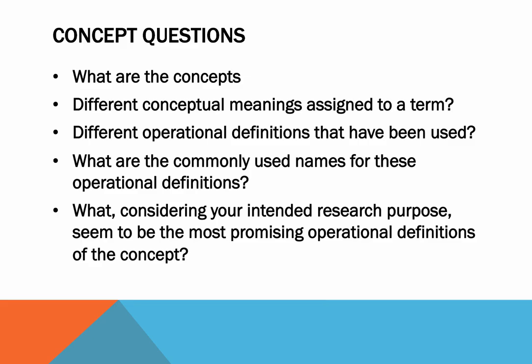And then you'll find that there's often different labels for concepts that are similar in meaning, and I'll get into that a little bit. And then you just have to select which is the most promising label for your research and what is the most promising measure. So sometimes people will say, oh, I found a measure, and that measures that particular concept.